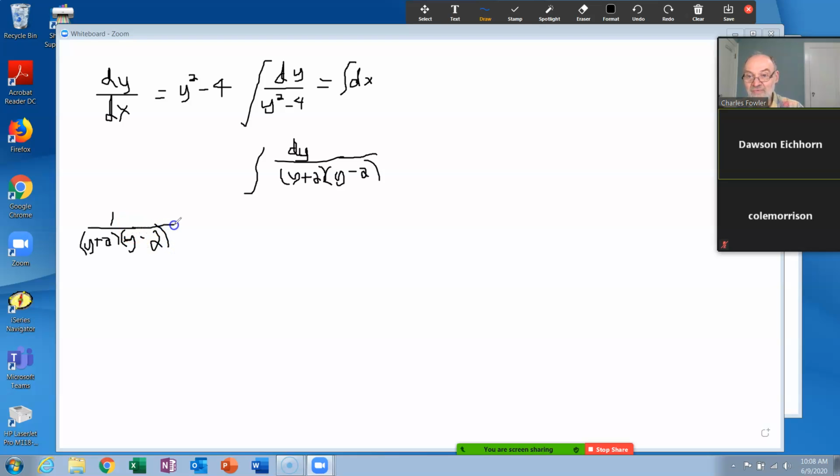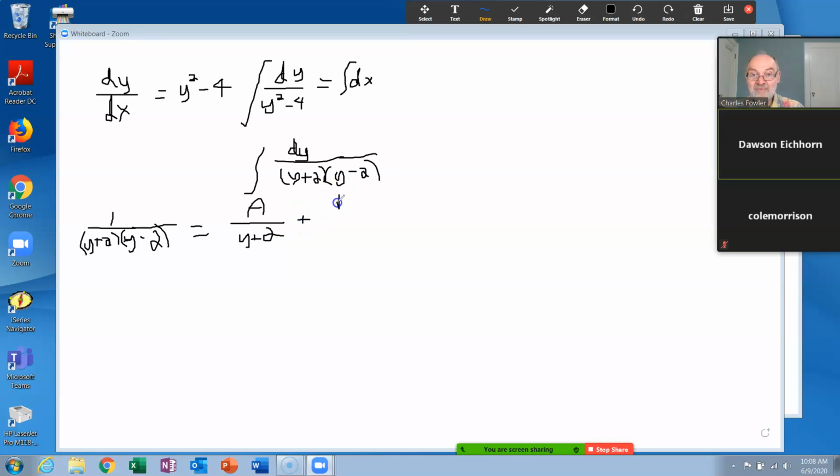Now that fractional form, I'm going to hope, can be split again, and maybe this is what you meant, into some a over y plus 2 plus some b.